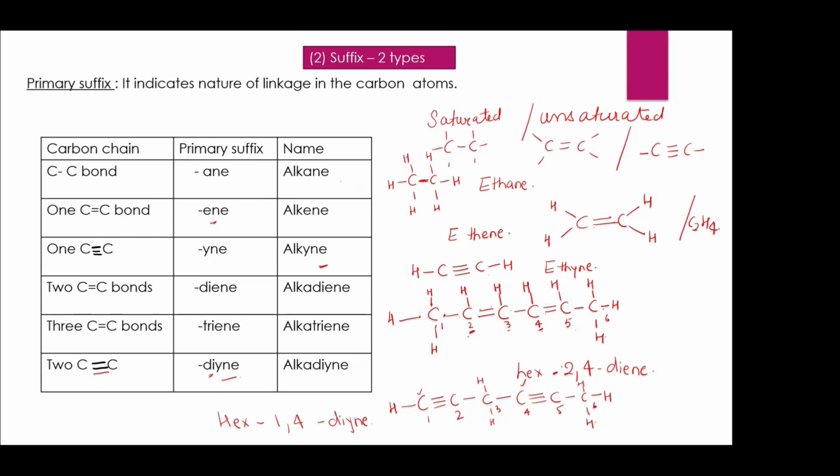And before that, if we have 3 C double bonds, we have to use tri, like this. So this is about the primary suffix for the alkanes, alkenes, alkynes, alkadiene and alkatriene.